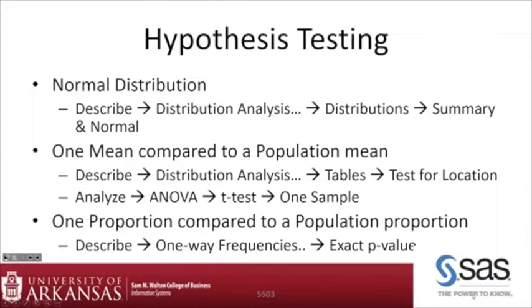Because if we're going to use our statistical tools, we have to have a normal distribution. So we can actually go check using this method right here. We're going to go to distribution analysis, and there's a statistical test, a hypothesis test, to see if this distribution is normally distributed or not. We'll do that here in a second.